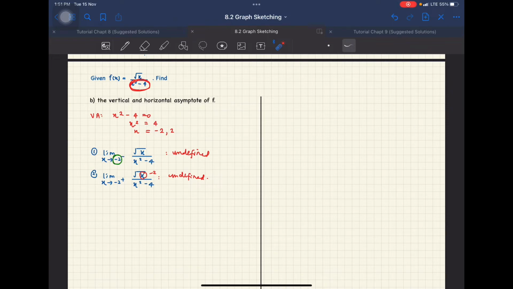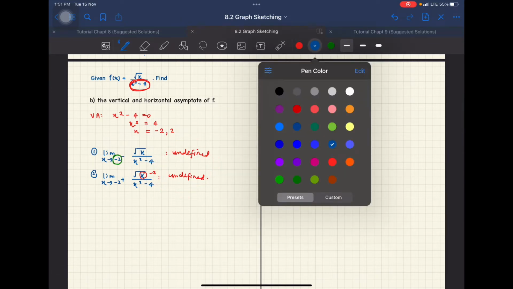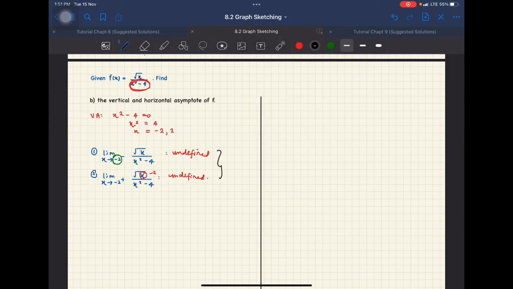There is no function such that coming to the negative 2 from the left and also from the right. Okay, so awak akan dapat undefined. So bila jawapan kita dekat sini both are undefined, we can make a conclusion which is x equals to negative 2 is not a vertical asymptote. Okay, so this is the first one.